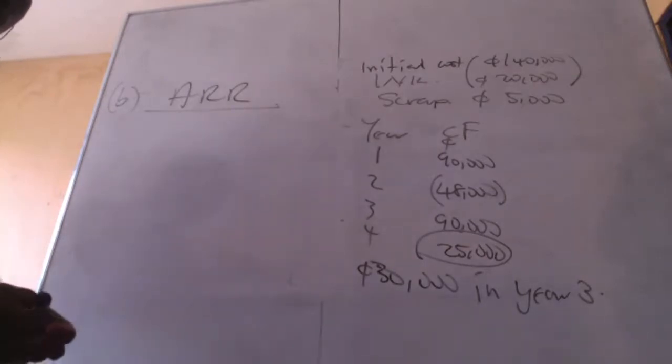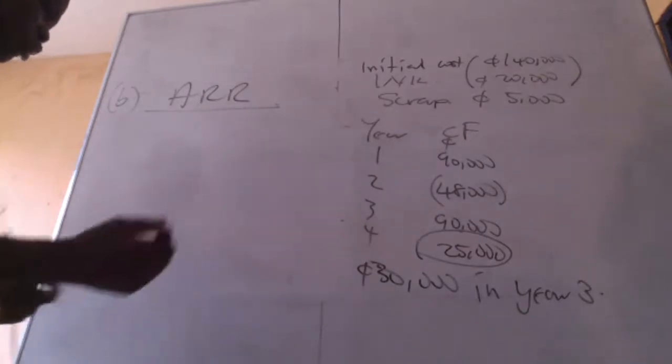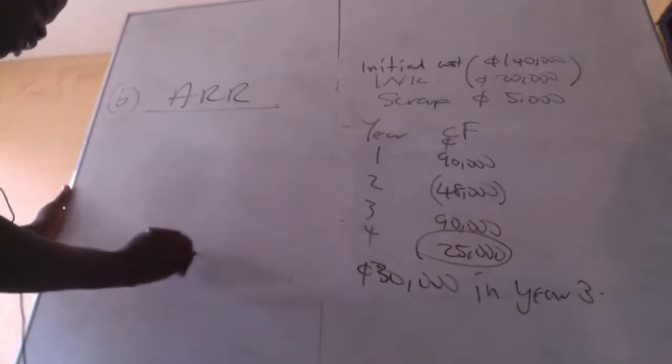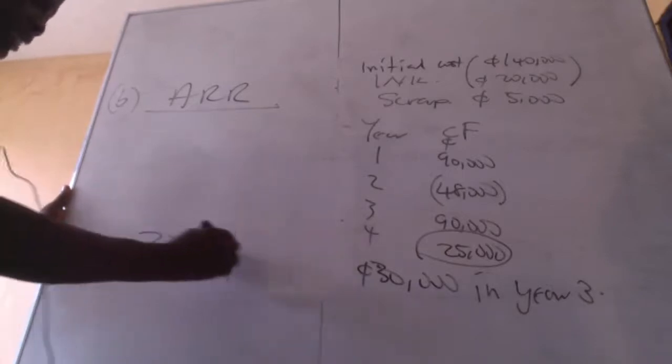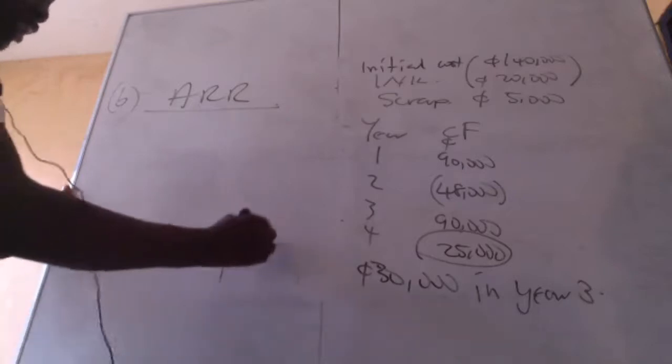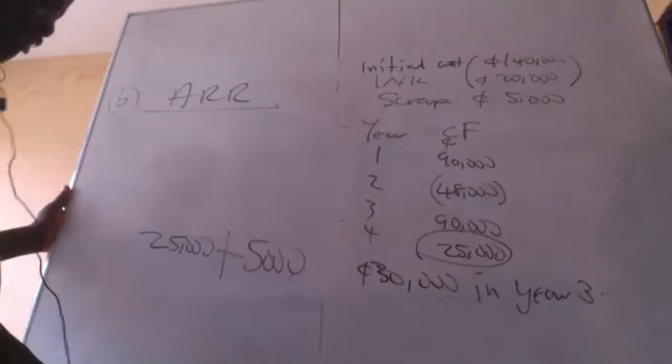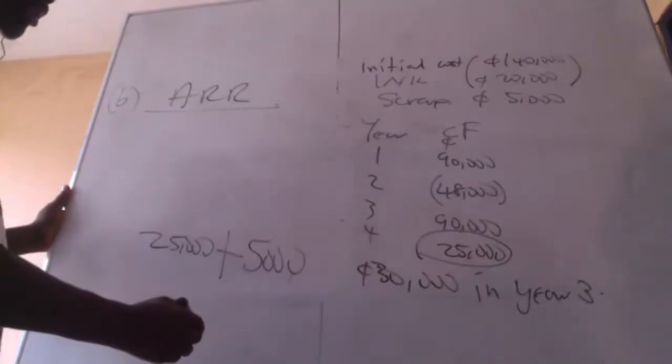Year 4. The cash flow we had, 25,000 was there originally, plus the scrap value. What's the scrap value? 5,000, plus the working capital.